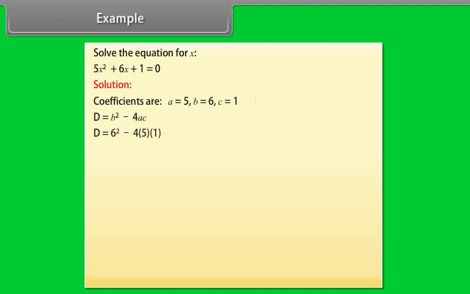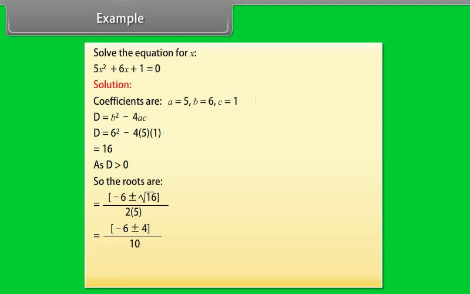D is equal to 6 square minus 4 into 5 into 1 is equal to 16, as D is greater than 0. So the roots are x is equal to minus 6 plus minus under root 16 by 2 into 5, is equal to minus 6 plus minus 4 by 10. On solving, we get x is equal to minus 1, minus 0.2.